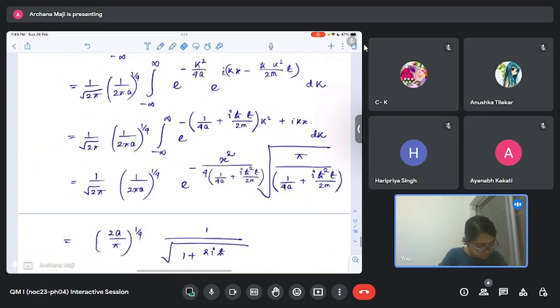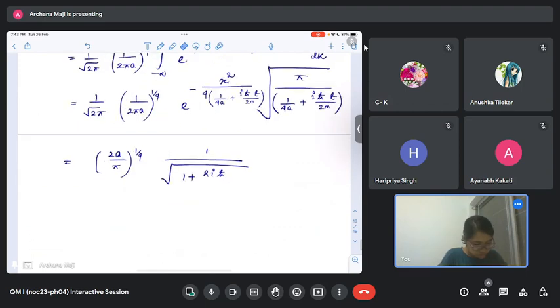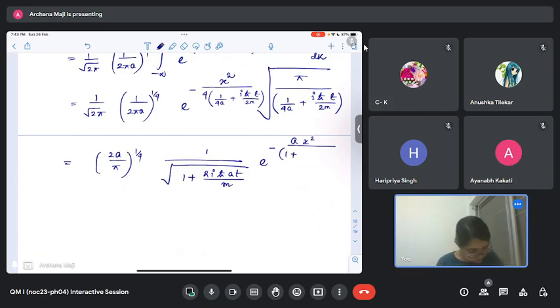So this square I am taking out. Okay. Then it makes sense. 2i h cross a t divided by m, exponential minus ax square divided by 1 plus 2i h cross t a over m. Okay, that is psi x comma t.